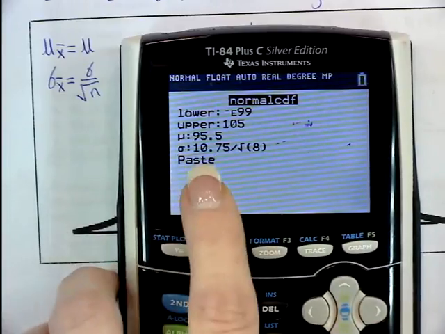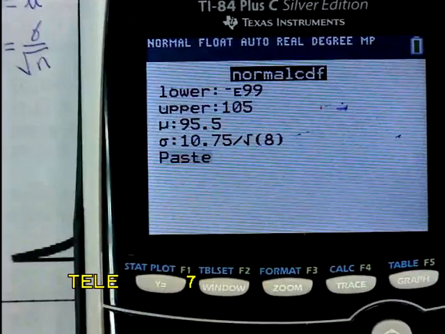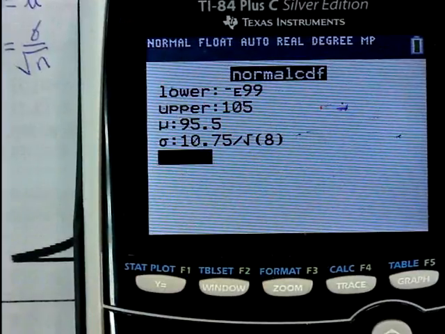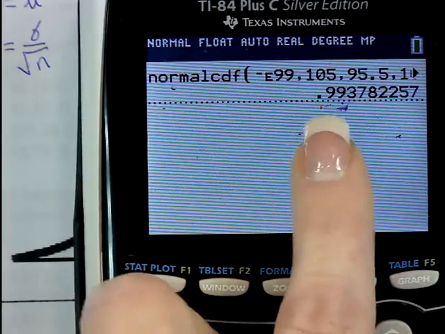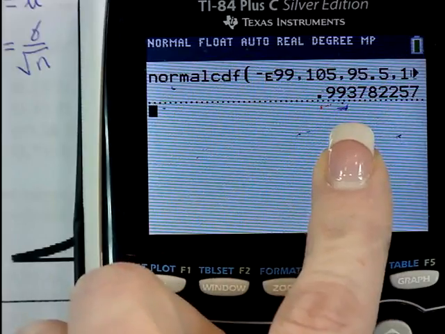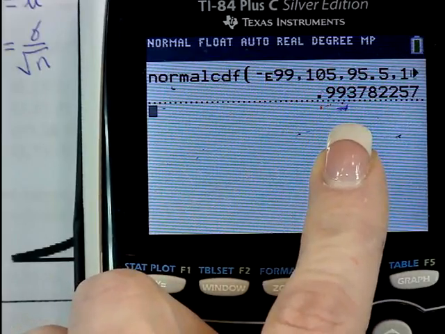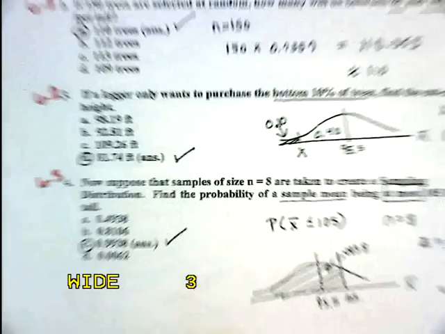Make sure you put in the standard error of the mean, not just sigma, but sigma over the square root of n. 0.9938. So the calculator and the table agree. 0.9938 is the answer. Now, question number 5.